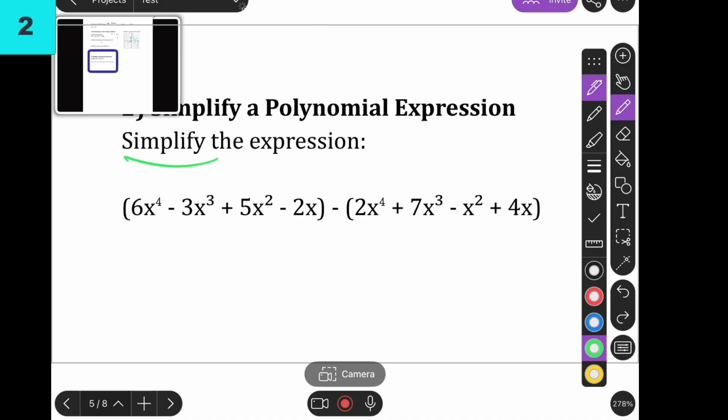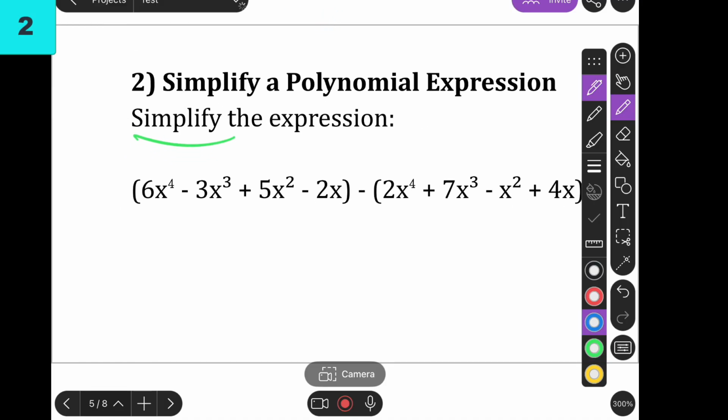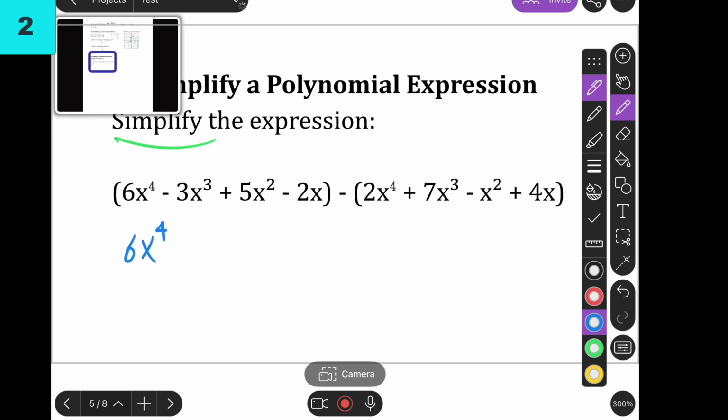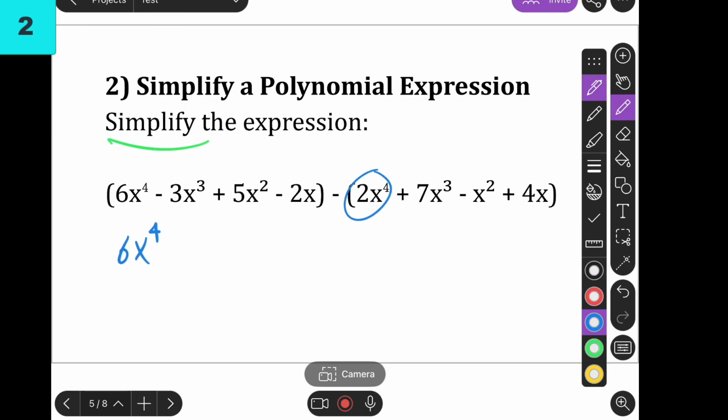So when I do the first term, 6x to the power of 4, I want to find a term that's very similar to it. This one right here is the only one I can find. So if it helps, maybe you can think of distributing this negative. So I'm actually going to subtract in this case 2x to the power of 4.